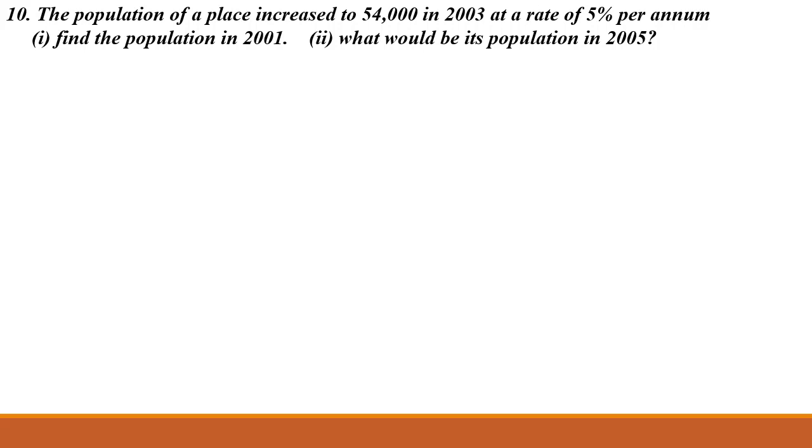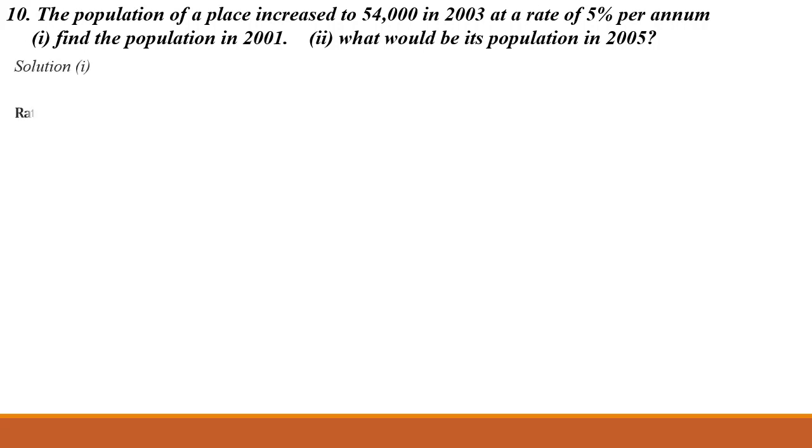This means for the first case 54,000 will act as the amount, the rate R will be equal to 5%, and N, that is the time, will be 2 years. So this is how we will look at a particular question when these things are given. Let us begin with the first part.